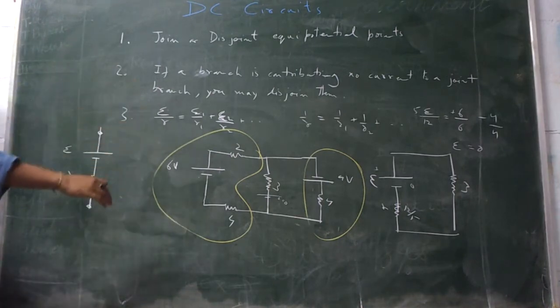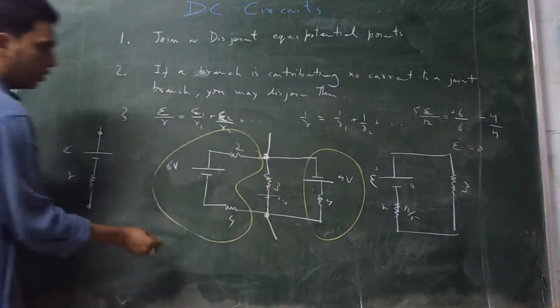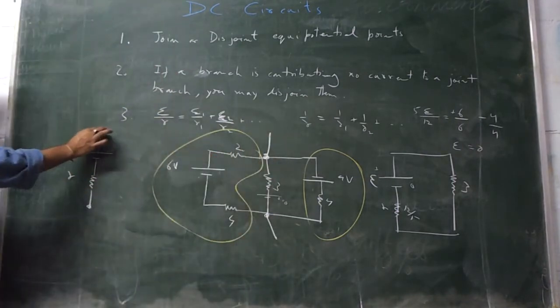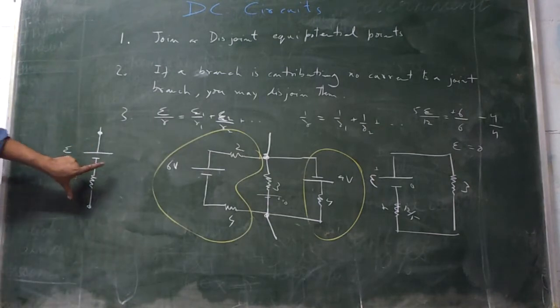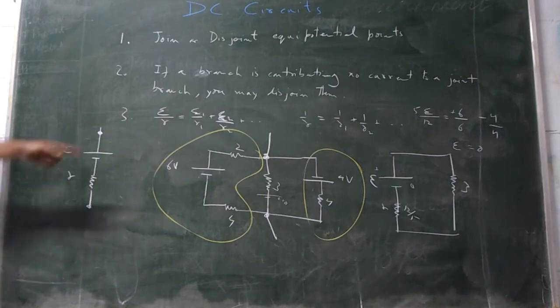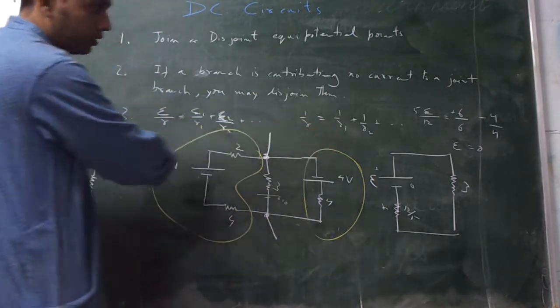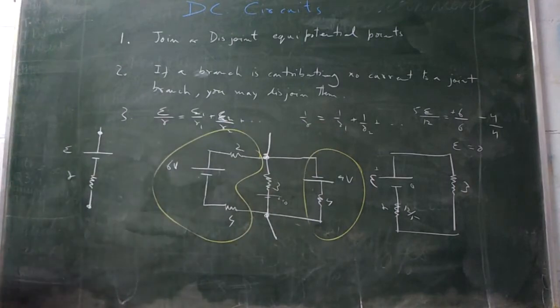It is not closing with anything. These all three and this, these are the 2 points, this point and this point. This is the equivalent open circuit. Open circuit, so we will get the voltage across this, and hence we can find the current. Anyways, let us see using that and this whether the answer is same or not.